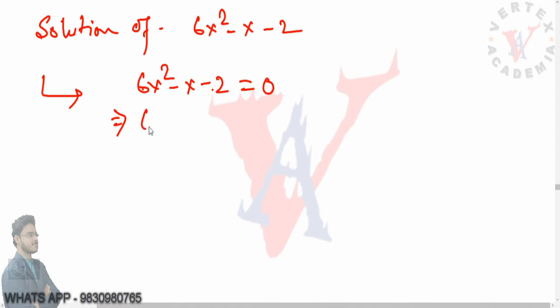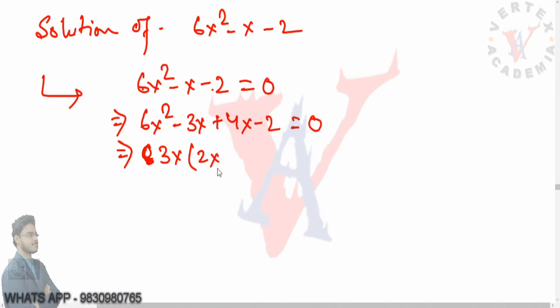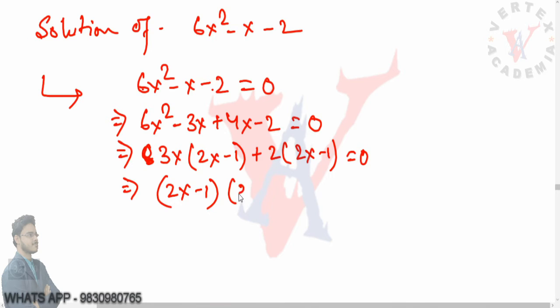So 6 twos are 12, so 6x square minus 3x plus 4x minus 2 equals 0. We can take 3x common, so this is 2x minus 1, plus we can take 2 common, so this is 2x minus 1 equals 0. Or 2x minus 1 into 3x plus 2 equals 0.